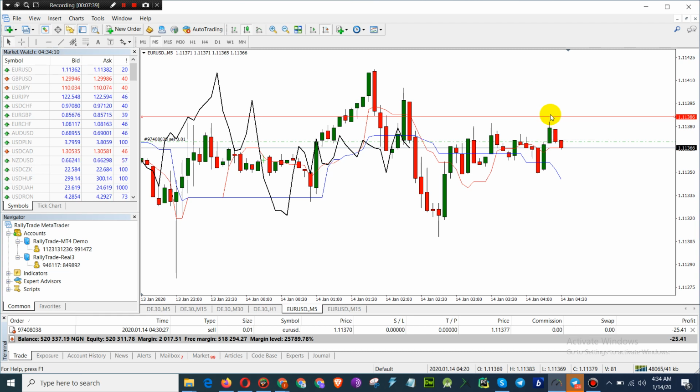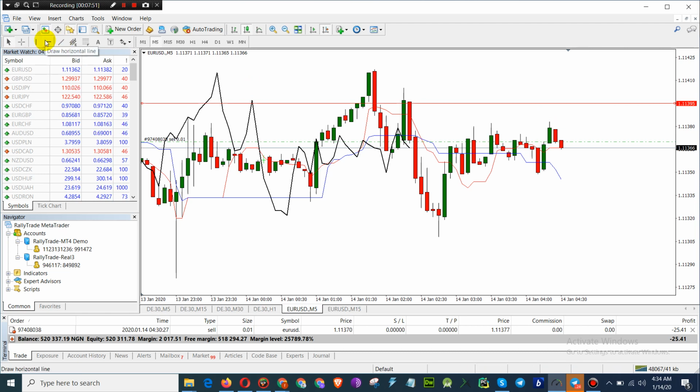Okay, all right, this is my stop line. Then I'm going to draw another line just for example. Remember one thing, don't allow your stop line to be before support or resistance.